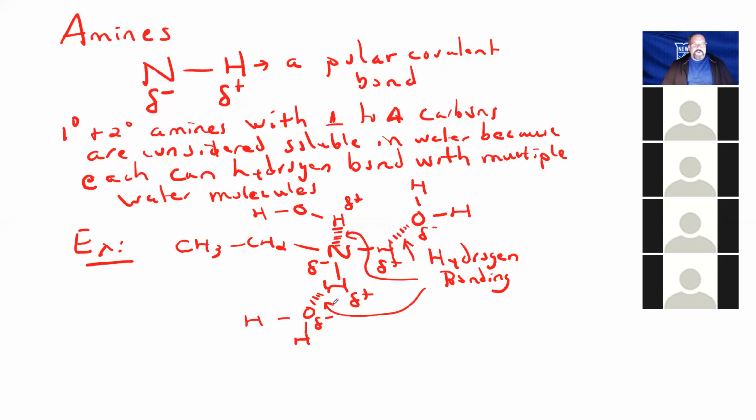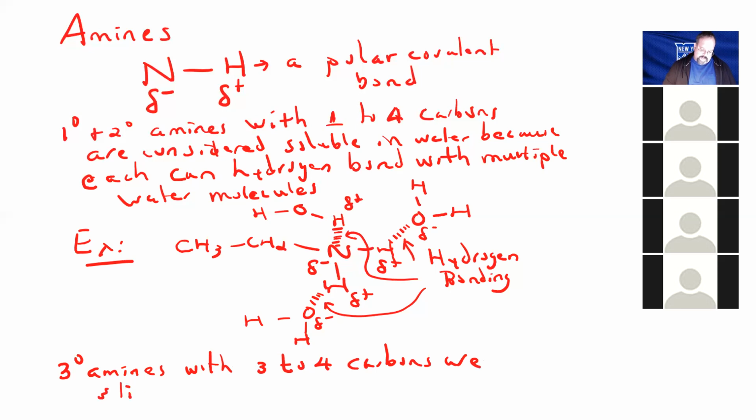Now, it also turns out, or the textbook says, that your tertiary amines, and again, my expectation is 1 to 4 carbons, but really tertiary amines would have to start with 3 carbons, are, I would say at best, and this is really probably pushing it, slightly soluble in water.